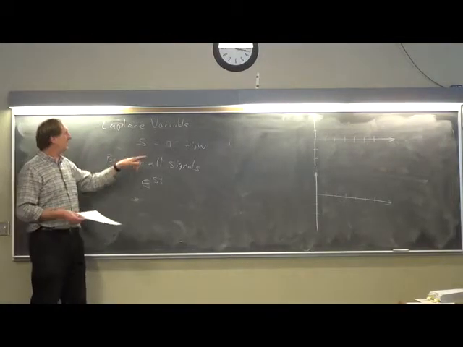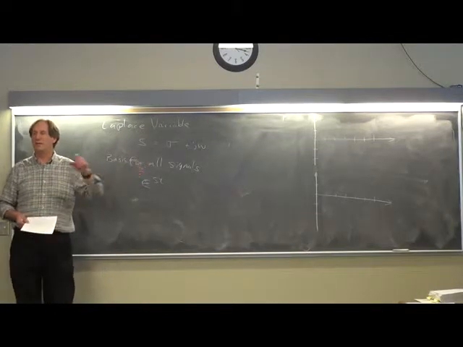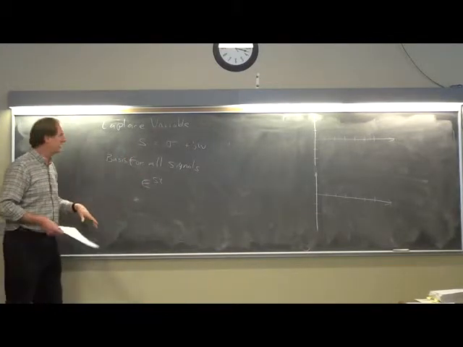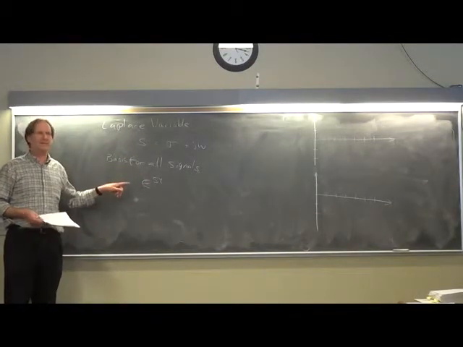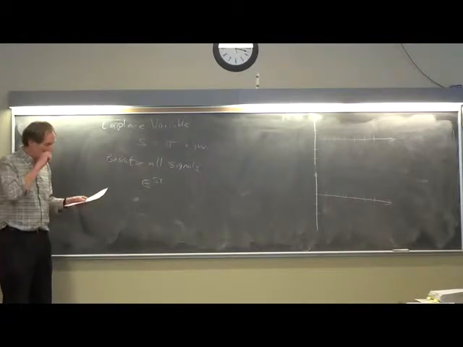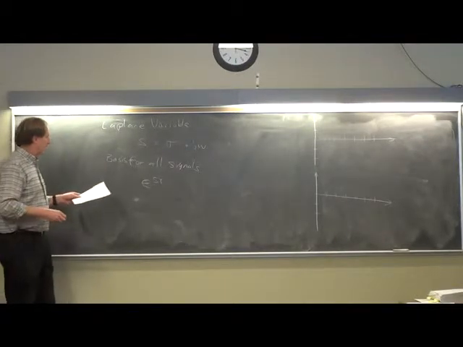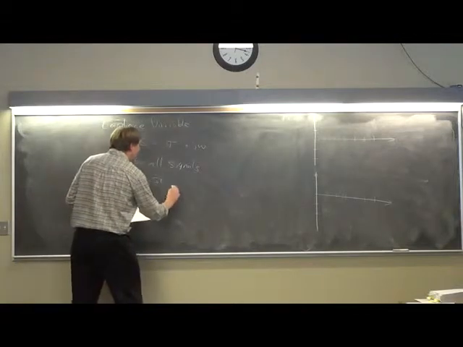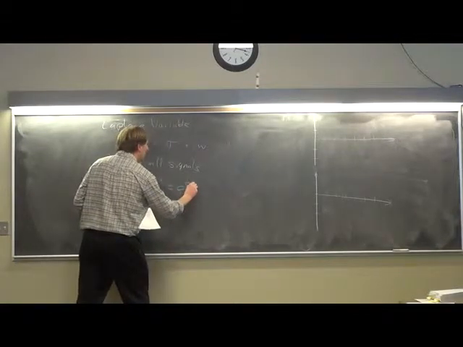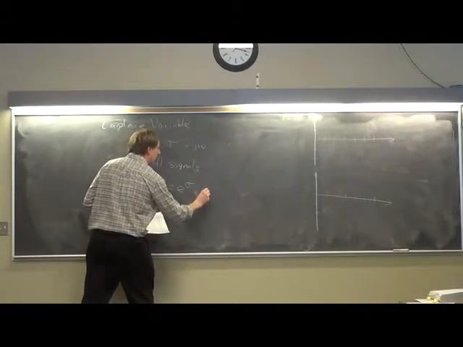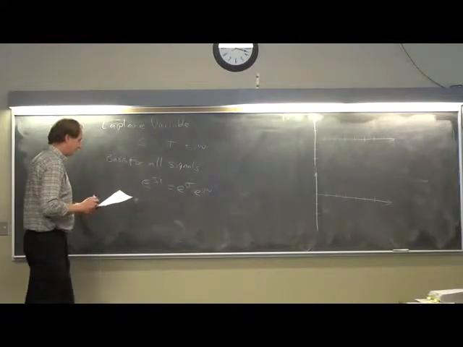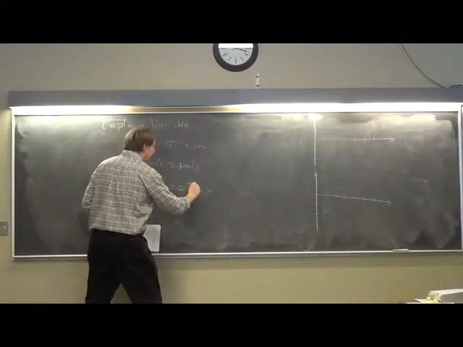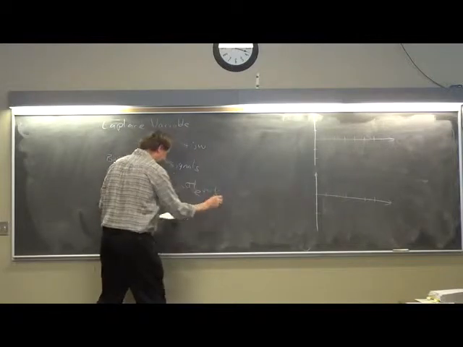If S is equal to 0, e to the 0 is 1, including DC. This is any signal you want it to be. e to the st is e to the sigma t times e to the j omega t.